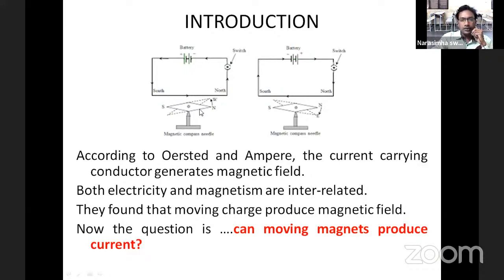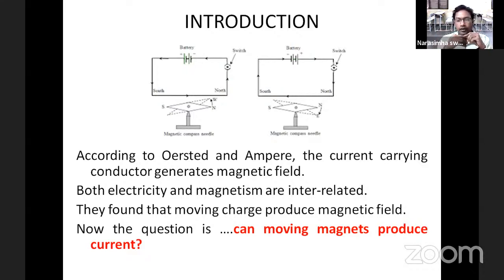See, observe this. This needle deflects only when a magnetic field is nearby, then only it shows deflection. We know that whenever two magnets are kept closer, if they are like poles, they will repel. If they are unlike poles, they will attract.